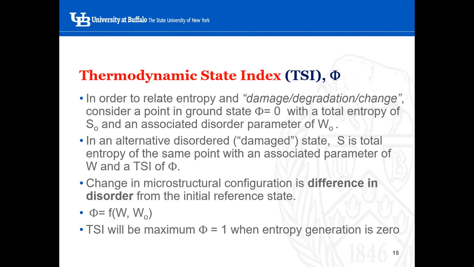So we say phi is this thermodynamic state index variable, and then it has the initial entropy. It can start with the initial S0 taken as 0, or it can start from an initial value if it has an initial disorder, and then it has an associated disorder with that initial state, and then it will go to a next state S, and then associated disorder W. So there is always a difference in disorder from the initial state.